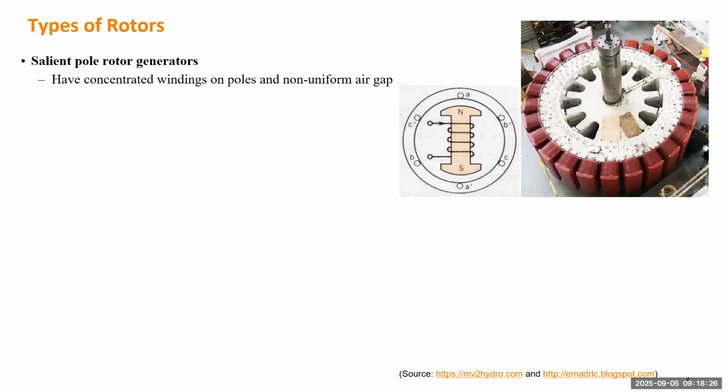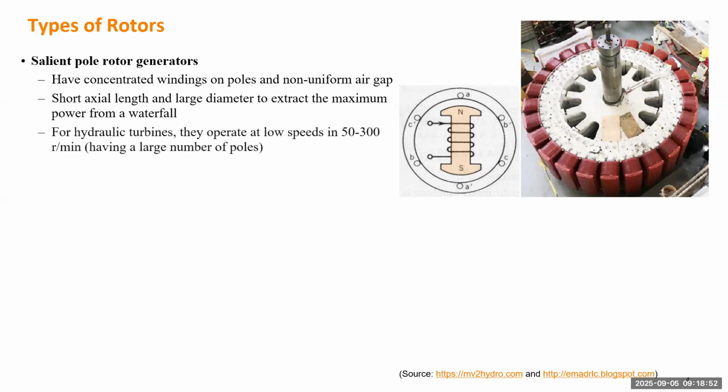So salient pole rotor generators have concentrated windings on poles and a non-uniform air gap. They have a short axial length, which means the dimension in the direction of the axis is shorter than the diameter, because they usually operate at lower speed.